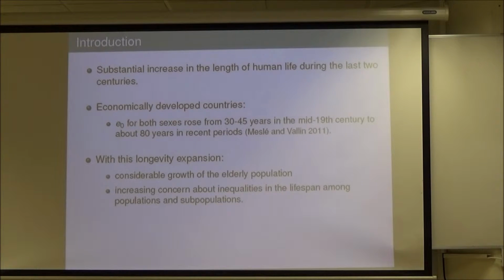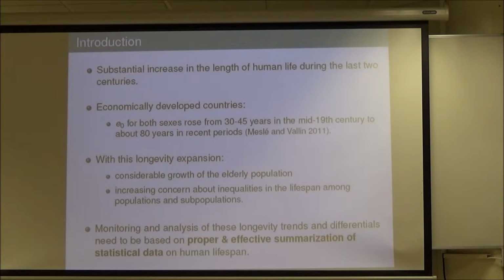This longevity expansion resulted in a considerable growth of the elderly population. It also led to increasing concern about inequalities in the length of life among different populations and different subpopulations.